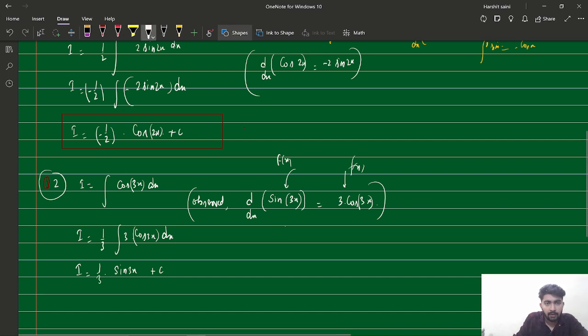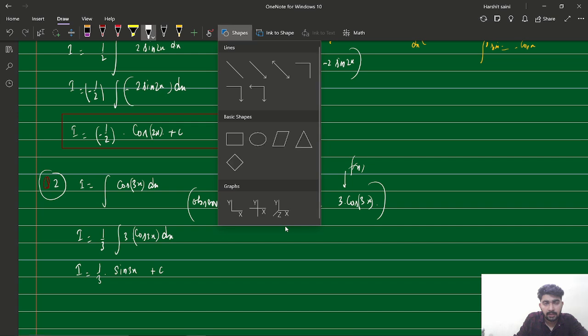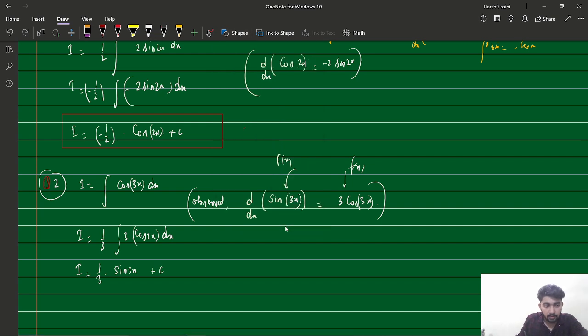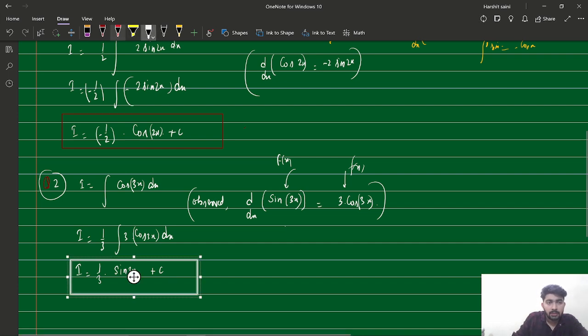I already explained that, because for a given function the integrals are many more. Clear?